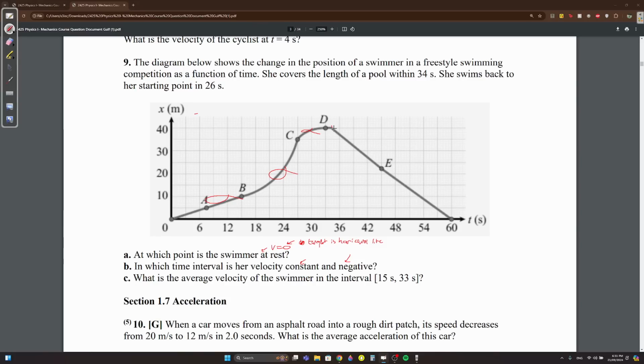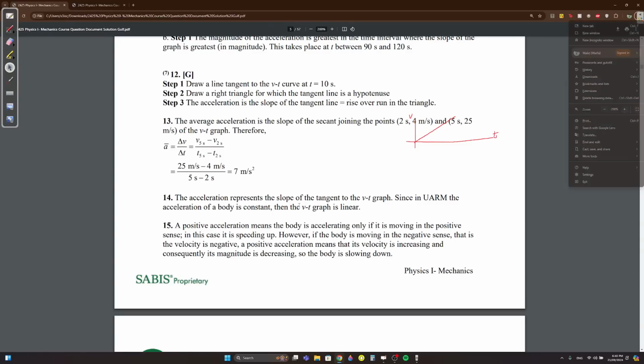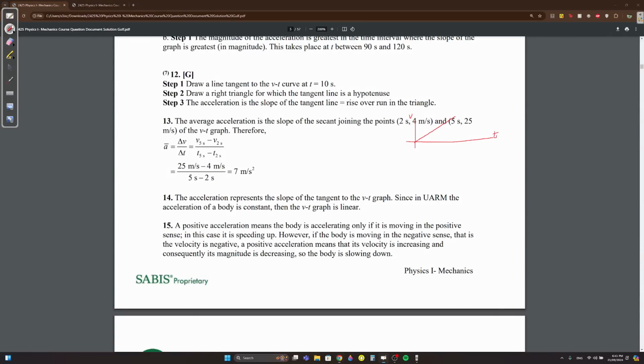I'm going to have to zoom in. The tangent. How can I say this? Well, they won't really ask this, but if you differentiate x, you get velocity.